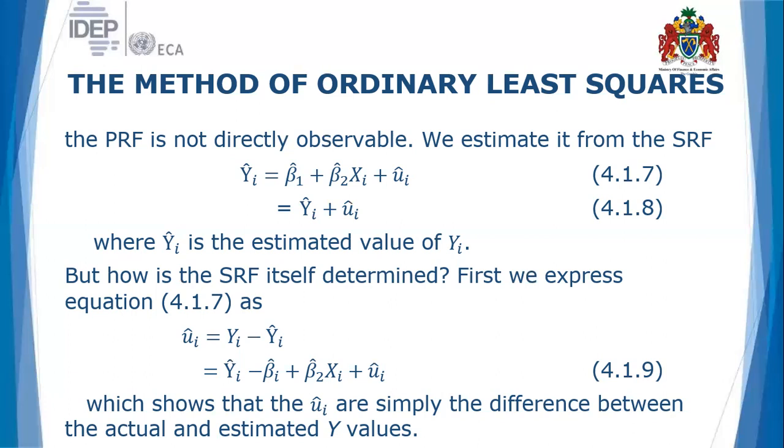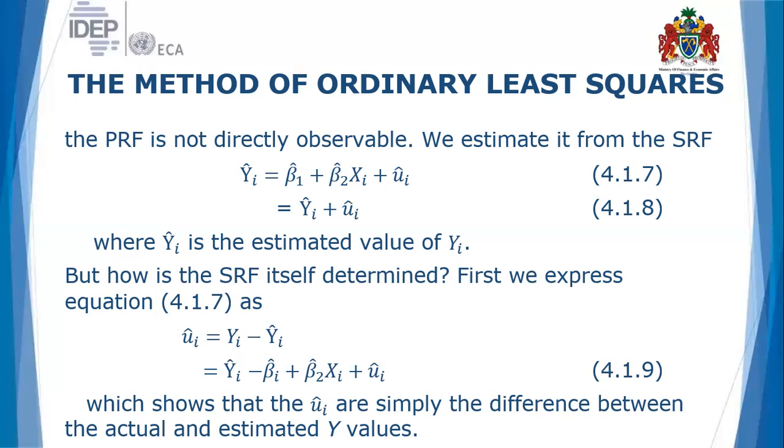The difference between the two gives us the error term or the deviation, which is equal to yi minus the estimated beta hat 1 plus beta hat 2 xi.